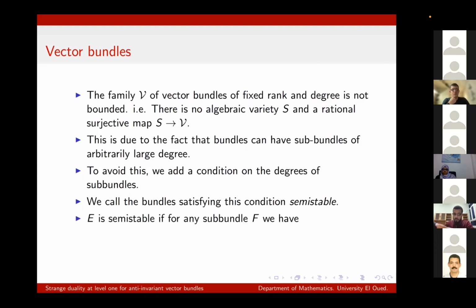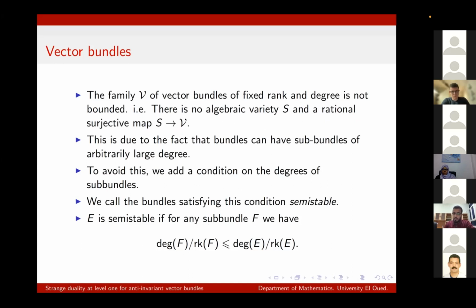E is semi-stable if for any subbundle F of E, the degree over the rank of F is less than or equal to the degree over the rank of E. This is called the slope of F is less than or equal to the slope of E.